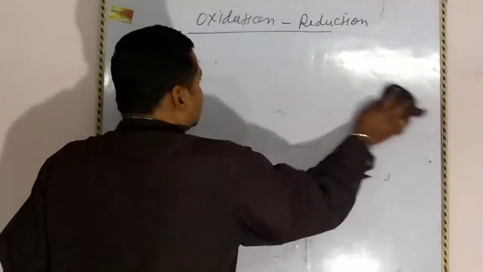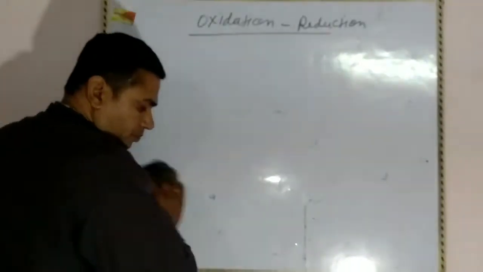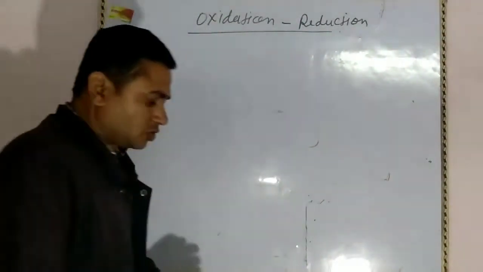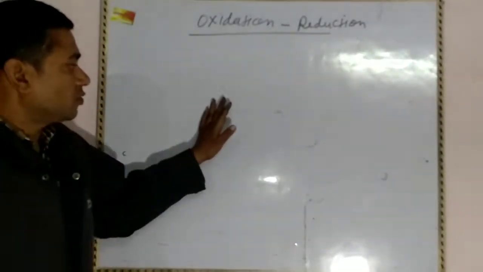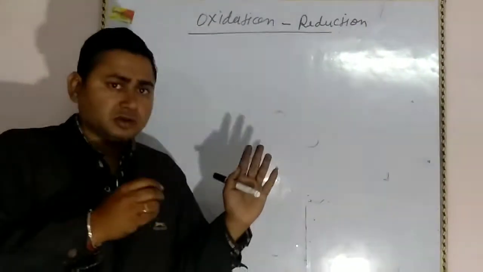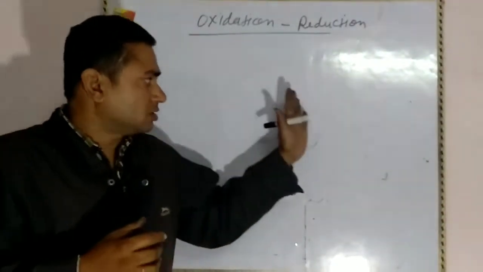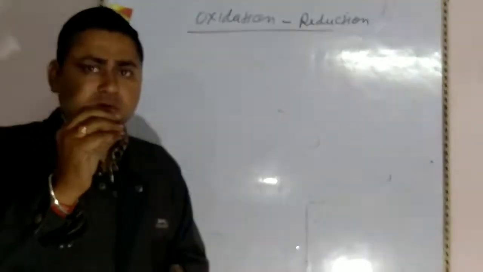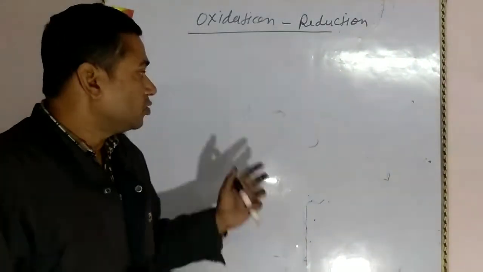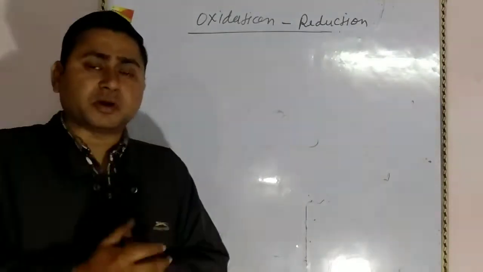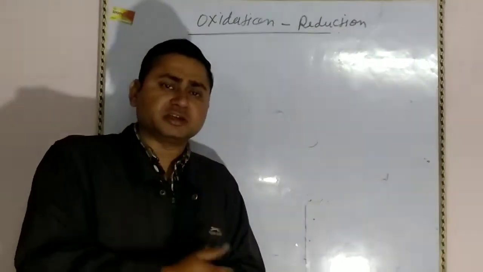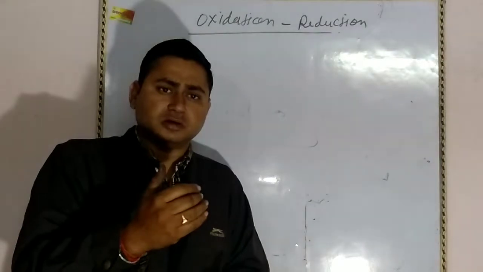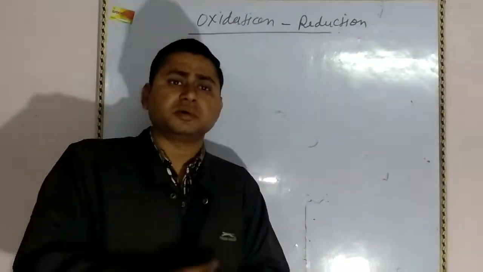Now, by using these definitions and this concept, you can give the answer and see which compound in a reaction has been oxidized and which compound has been reduced in the same reaction.